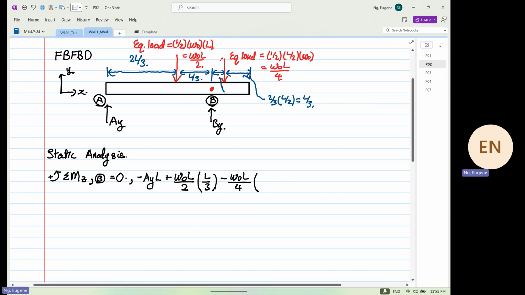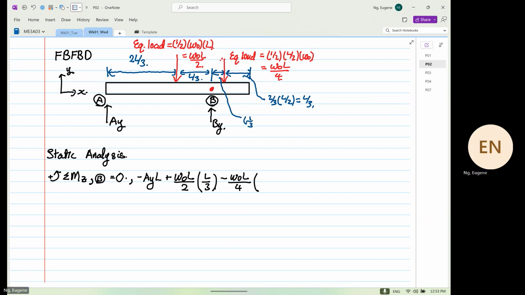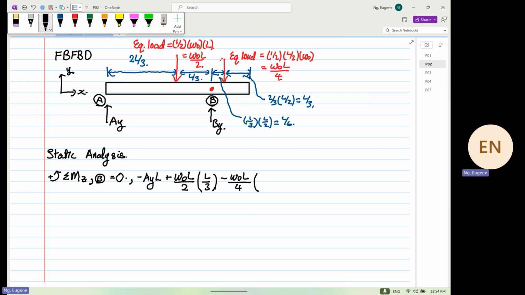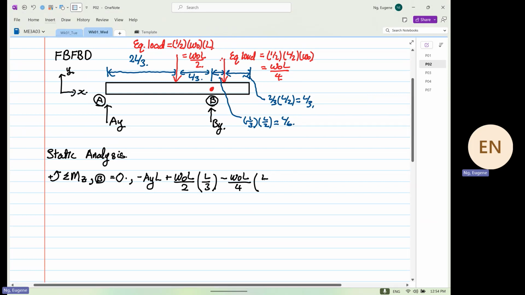So this over here is 1/3 of L over 2. So this is L over 6. So we have determined that distance over there is equal to L over 6, and the whole thing is equal to 0.